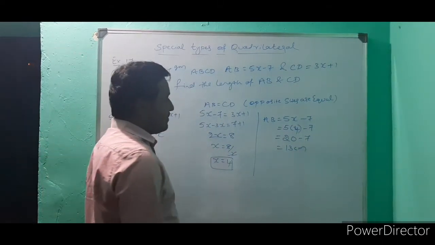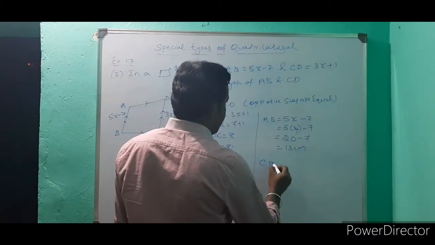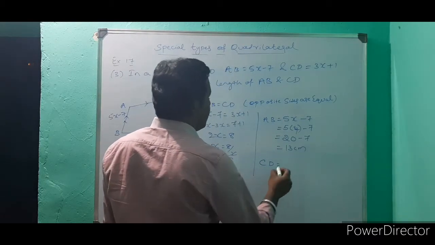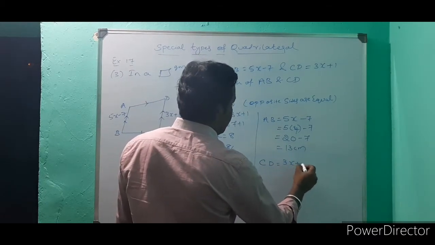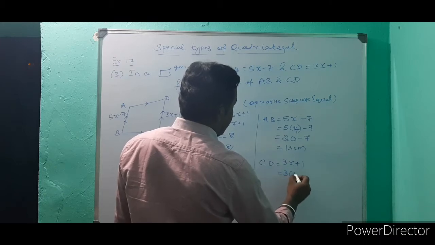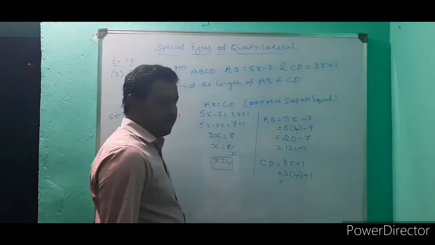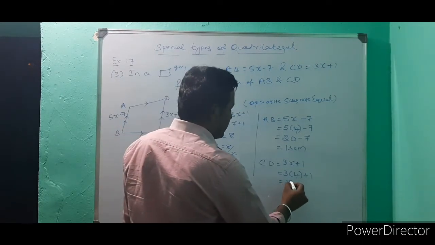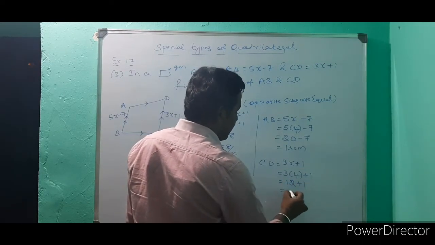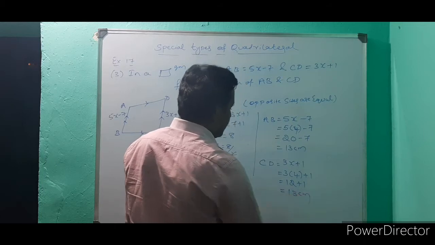Then to find CD, 3x plus 1, x value is 4. Substitute the x value in the given side value: 3 fours are 12 plus 1, 13 centimeter.